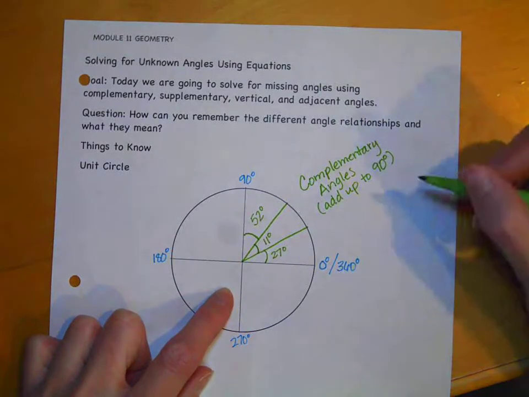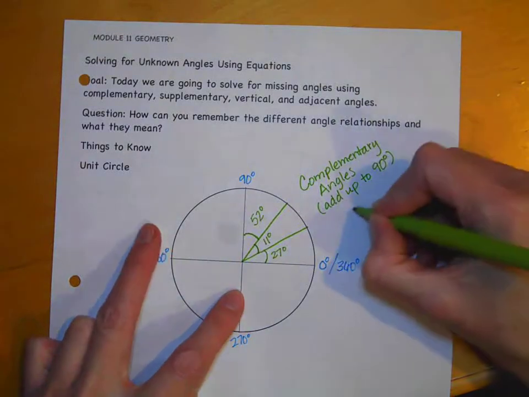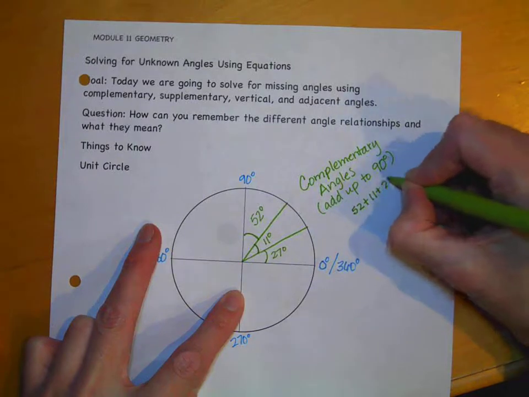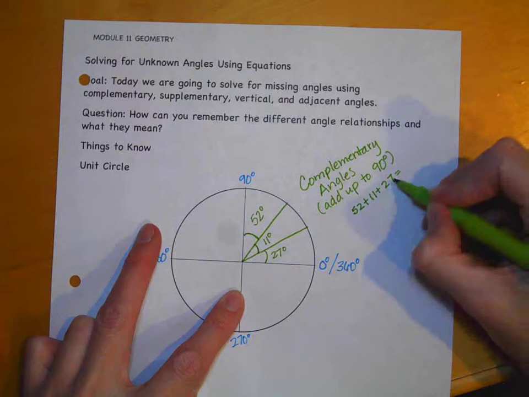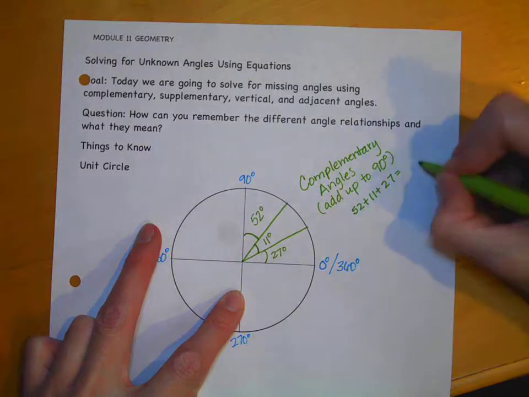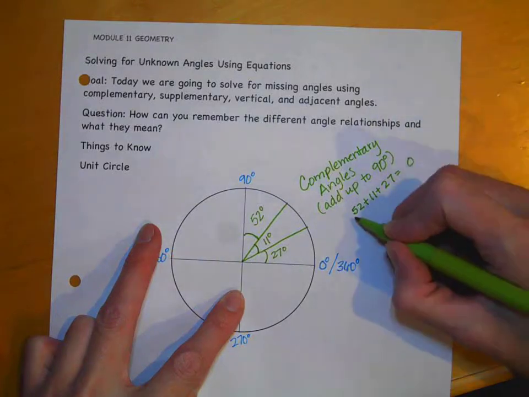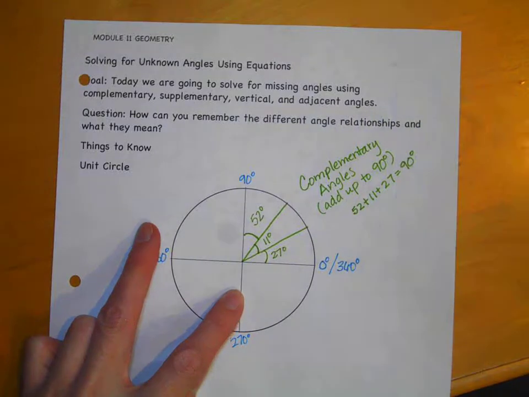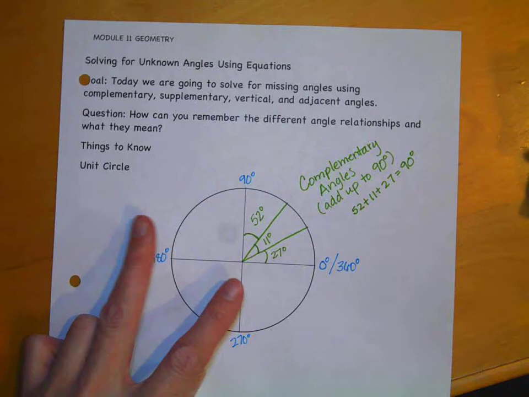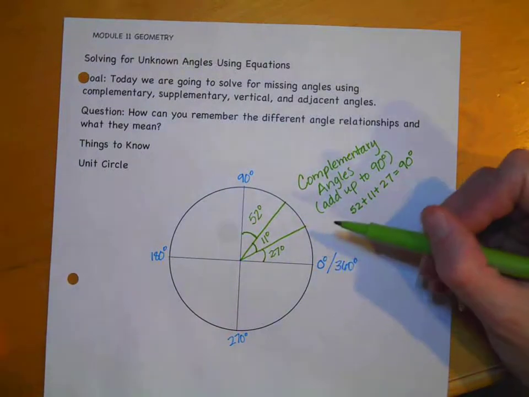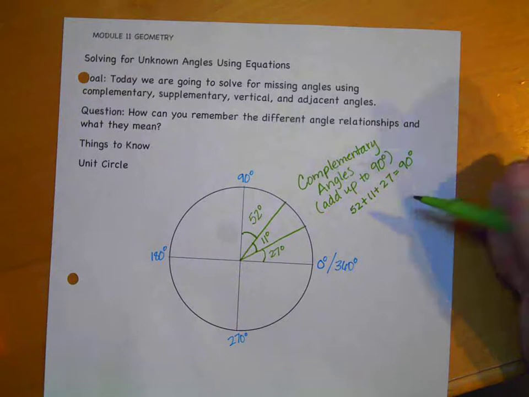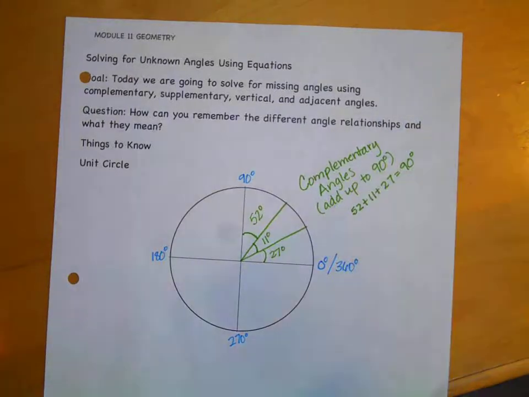So to show our work, we have 52 plus 11 plus 27, and we're adding all of them, 7, 8, 9, 10, so there's a 10, that would be 5, 6, 7, 8, 9, and they all add up to 90 degrees, okay? So all of the green angles on our unit circle are what we call complementary angles because they all add up to 90 degrees, okay?